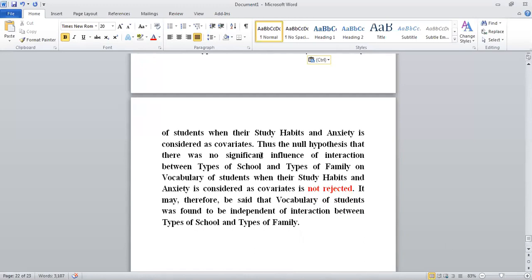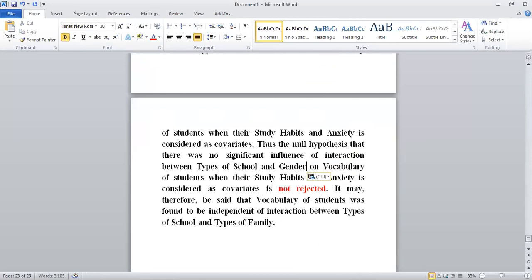Thus, the null hypothesis that there is no significant influence of interaction between types of school and gender on vocabulary of students when their study habits and anxiety is considered as covariates is not rejected.